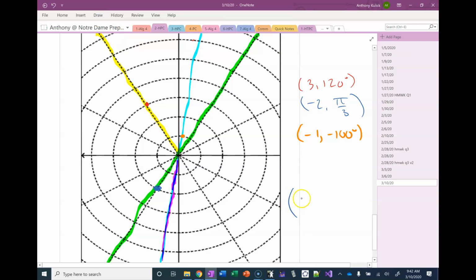So I could call it also positive 2 and then pi over 3 plus 180 degrees. Because remember, how far is this distance going to be? 180 degrees, right? That's half of a circle. Or in other words, 2, 4 pi over 3.